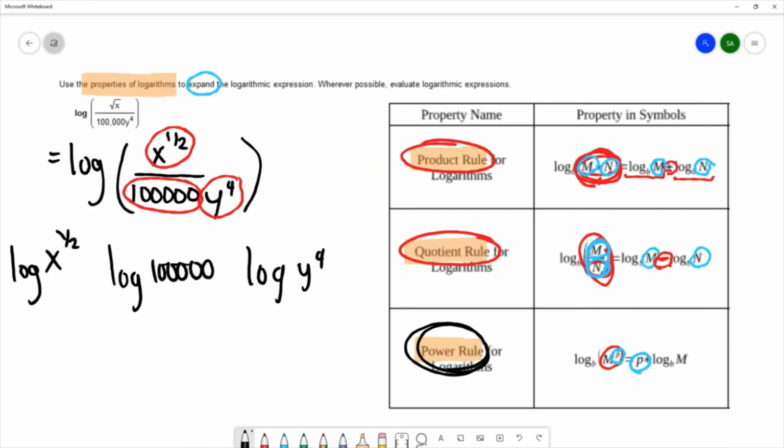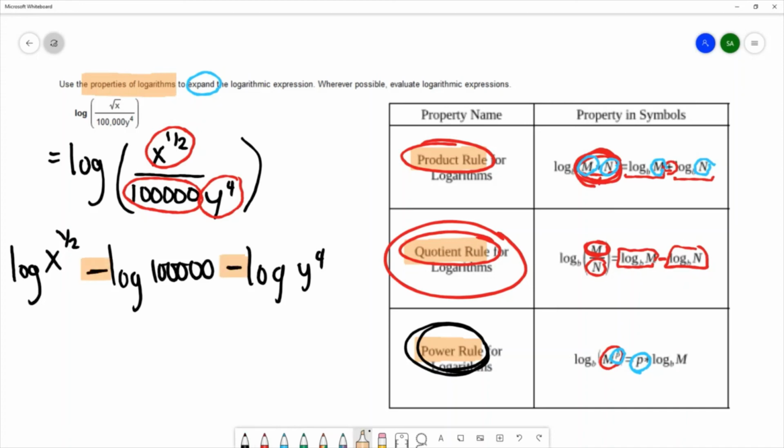So remember with the quotient rule that the factors that come from the numerator are going to have a positive log. However, the factors that come from the denominator will have a negative log. So these two factors that came from the denominator have negatives, and the first one came from the numerator, so it's positive.